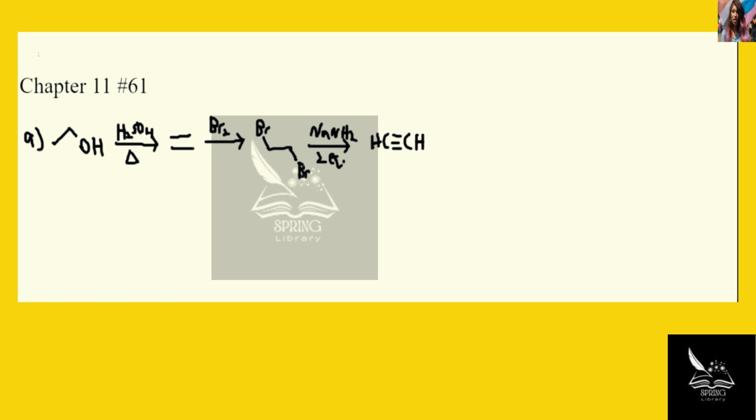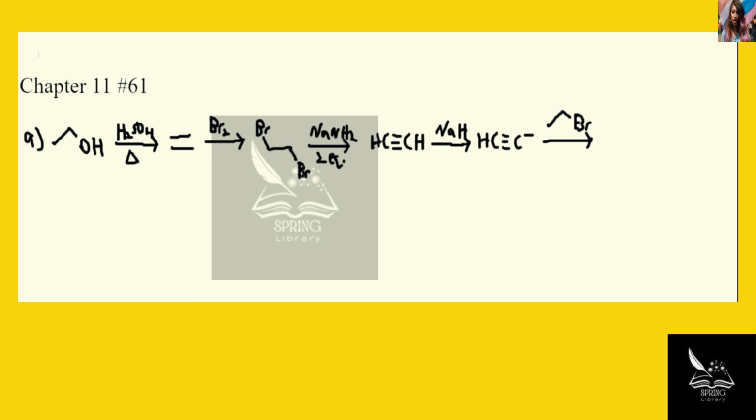Now from the alkyne, we can start building the rest of this molecule, building the carbon chain. We can deprotonate with sodium hydride to get the acetylide ion, and then use ethyl bromide.